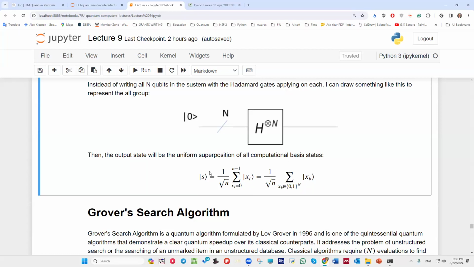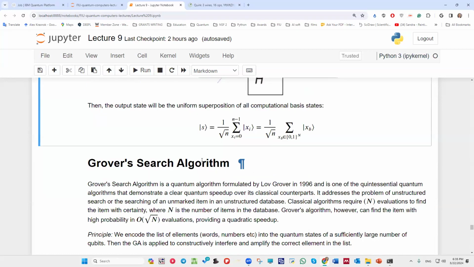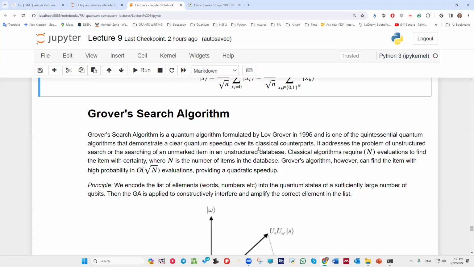One can use both forms, depending on when one or the other is more preferable. So having said this, let me start the discussion of Grover's search algorithm and how it works in a simple way.